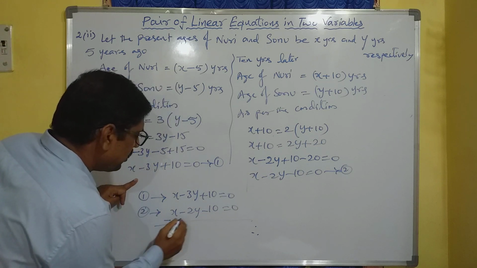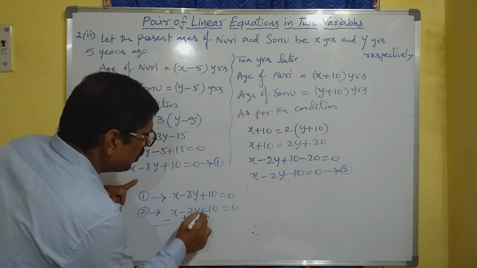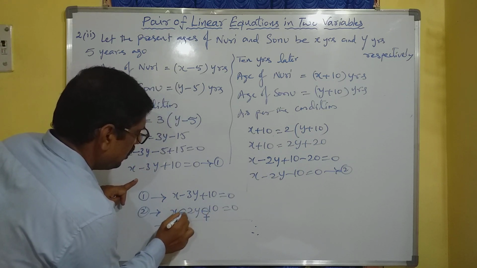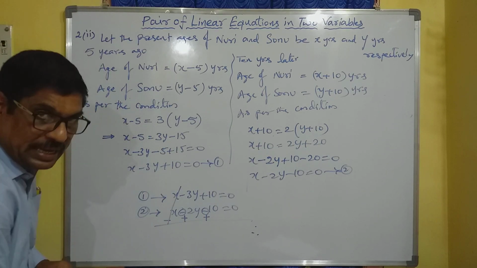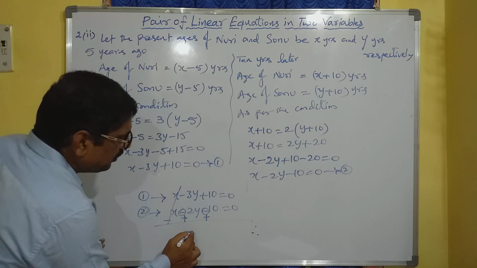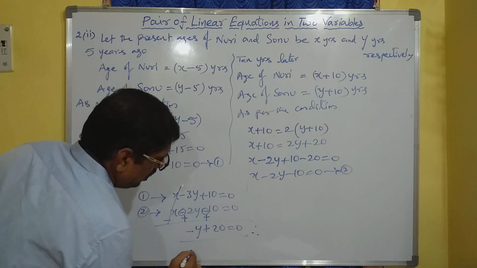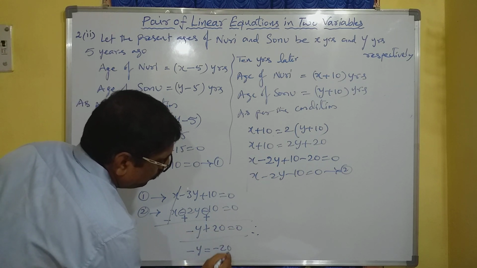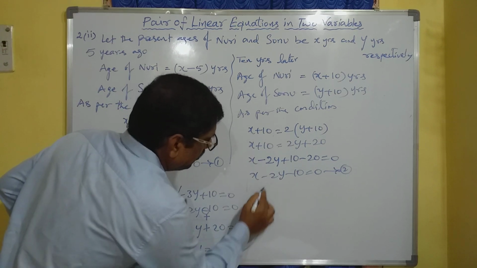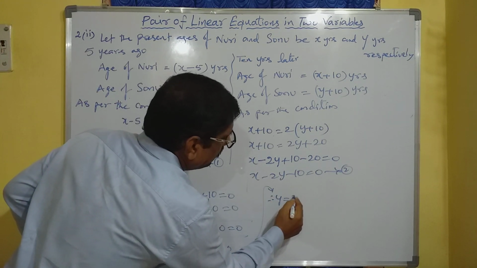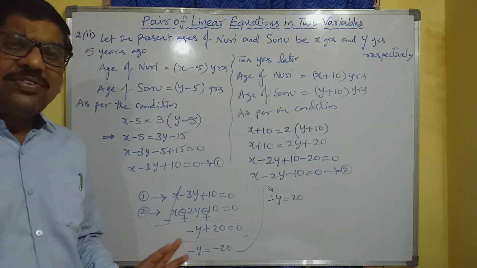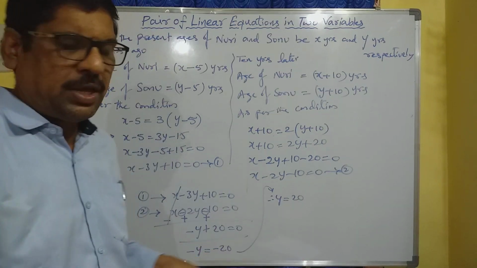Let us change the signs of the second equation so that minus x and plus x will be cancelled. Minus 3y plus 2y is minus y, and plus 10 plus 10 is plus 20, equal to 0. Then minus y is equal to minus 20. Therefore, y is equal to 20. Now let us substitute the value of y in any one of the equations.